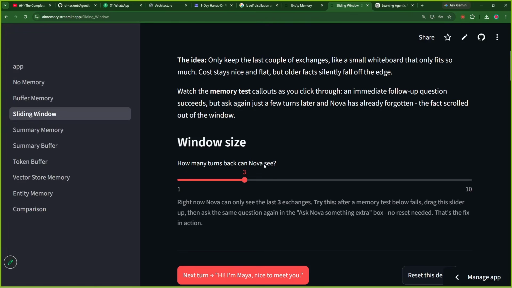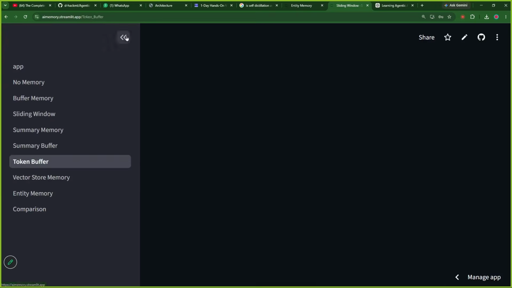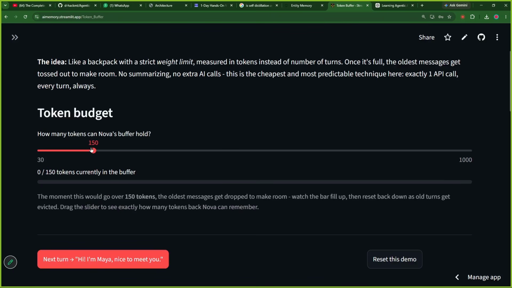Here, instead of turns, we limit it to tokens, number of words, which means this is exactly the same as sliding window, but instead of turns, it will remember a number of words. Okay, after 200 words, it will forget it. The rest of the information will be evicted.